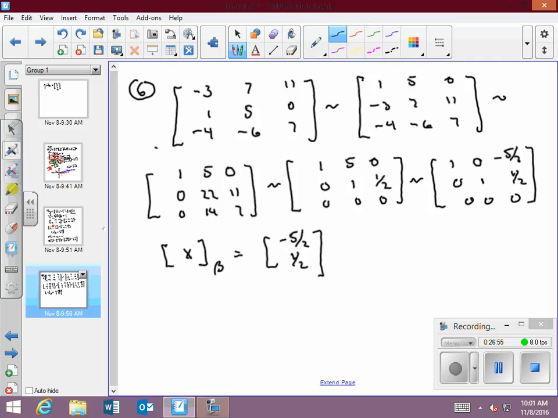So that should tell me that if I take negative 5 halves times my first vector, that's 4, and add 1 half of my second vector, 7, 5, minus 6. And I better get my 1107.